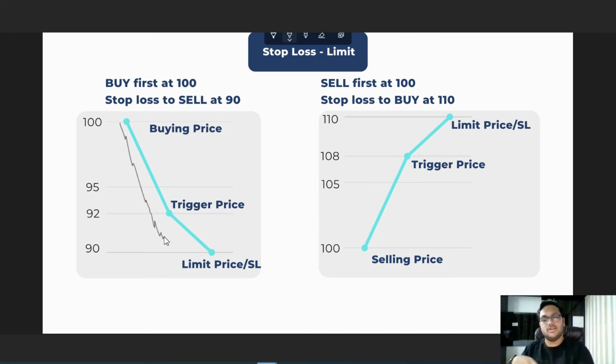Here when it reached 89.9, the order was placed, but the order was placed with 90 as the limit price, because you had said that already, right? So now the price is 89.9 and your limit order is to sell at 90. Will it be executed? The answer is no.